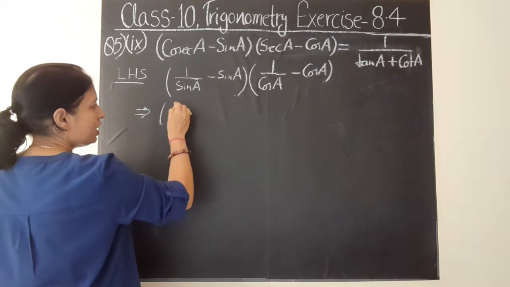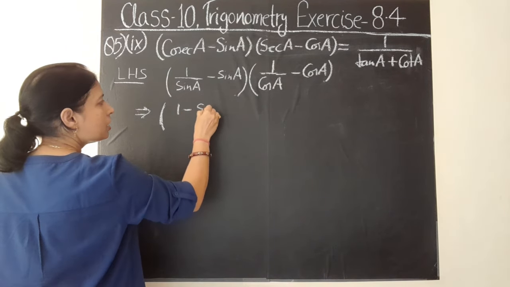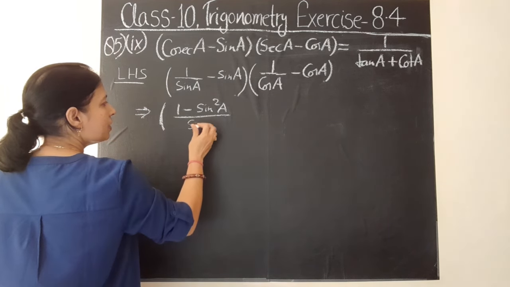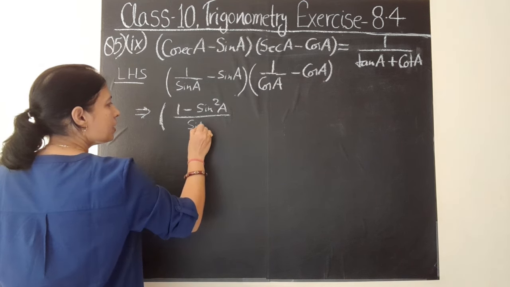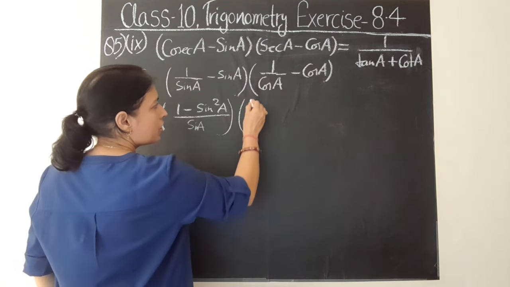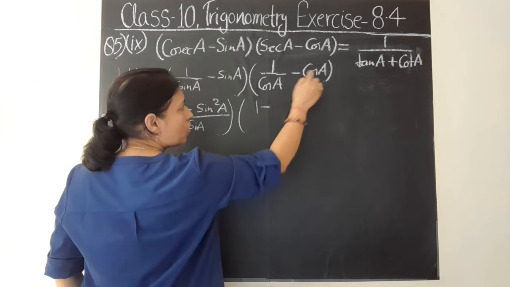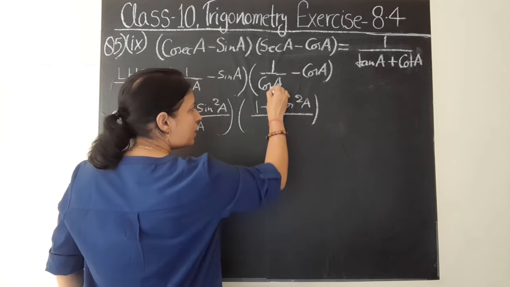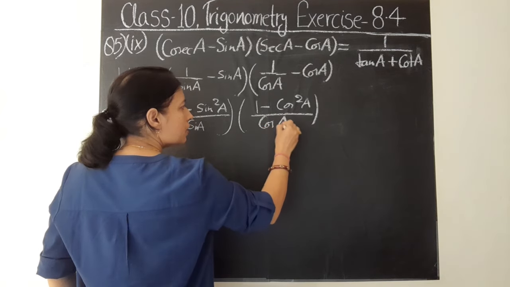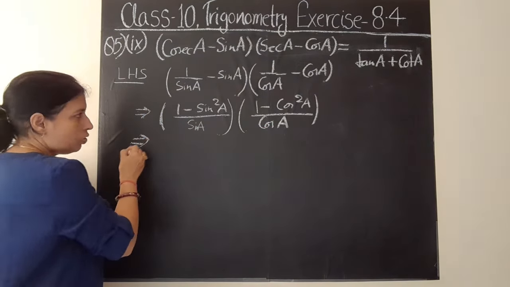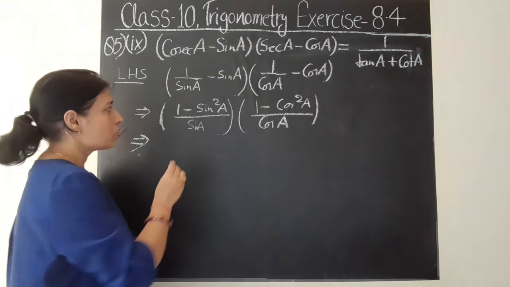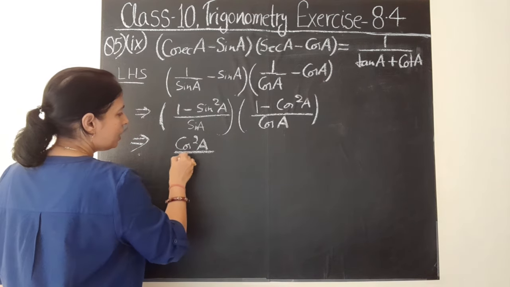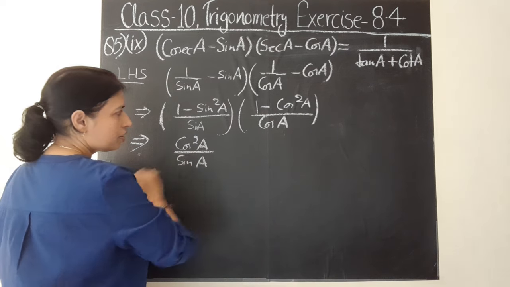So you can write by multiply here 1 minus sin square A divided by sin A. Here it is multiply, write here 1 minus cos square A and it will be divided by cos A. You know that 1 minus sin square A is equal to cos square A. So write here cos square A divided by sin A. First term.